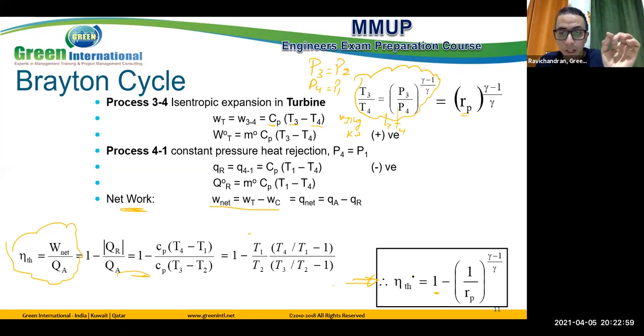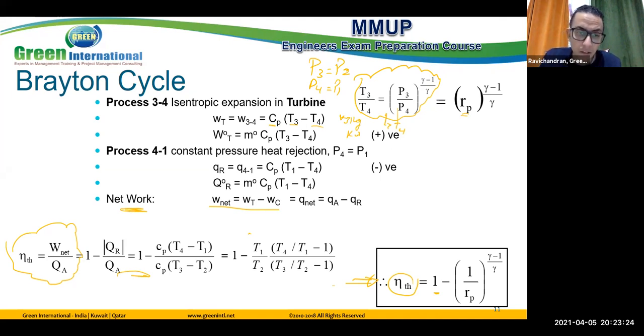In the problem, if only RP, the pressure ratio P2 over P1, is given, you can get the efficiency of the cycle. We don't need work of the turbine, work net, or Q added. If you are given only RP, P1, P2, finish: 1 minus 1 over RP to the power gamma minus 1 over gamma gives the efficiency.